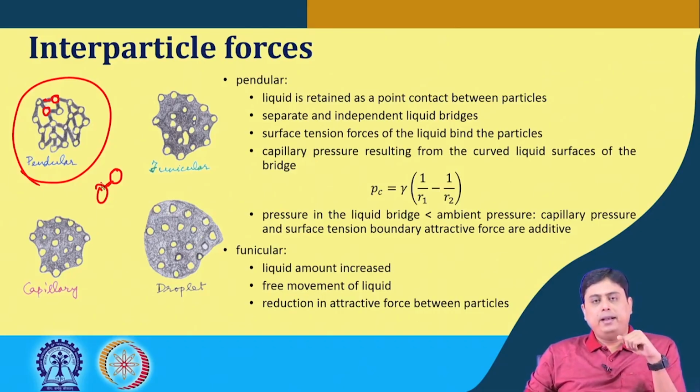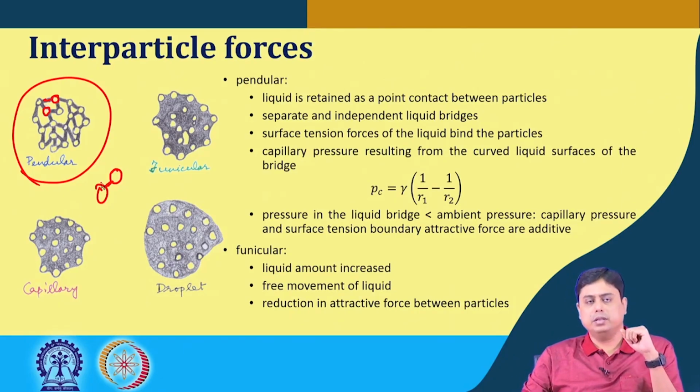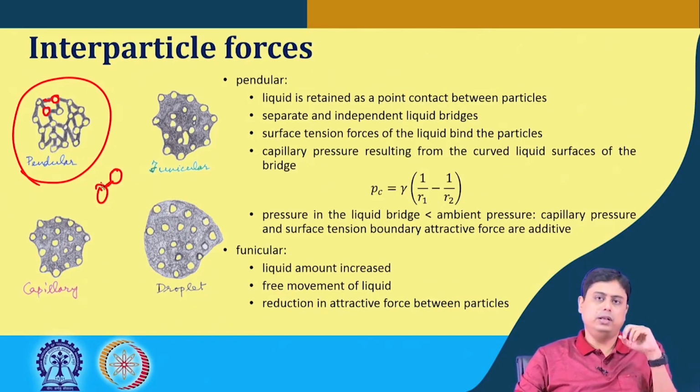So, in the pendular state, these bridges are all separate and independent because of the very low saturation, or the low amount of liquid present in the voidage or interstices.